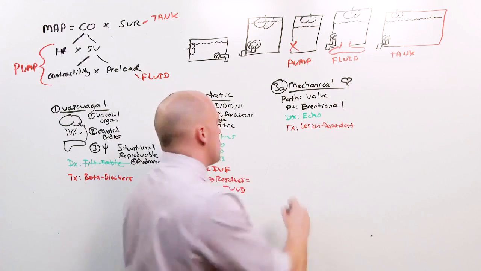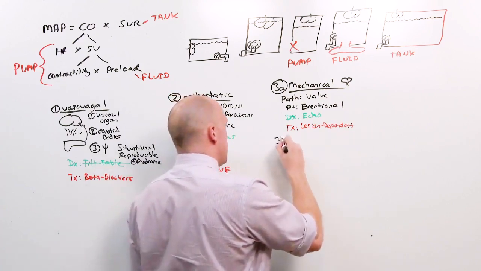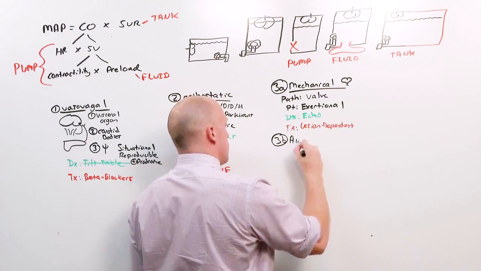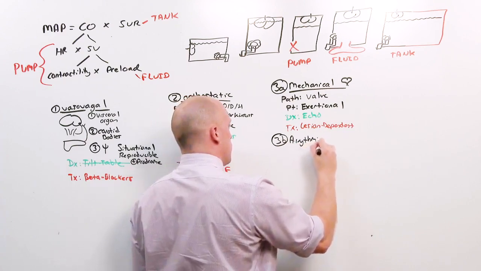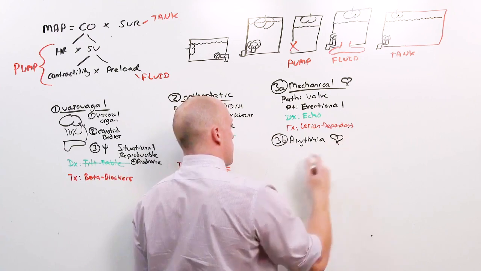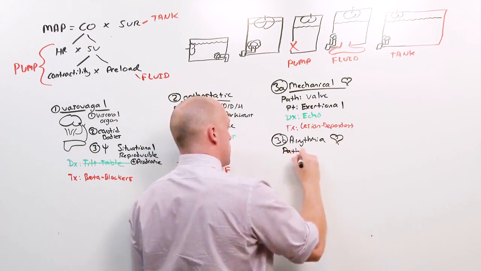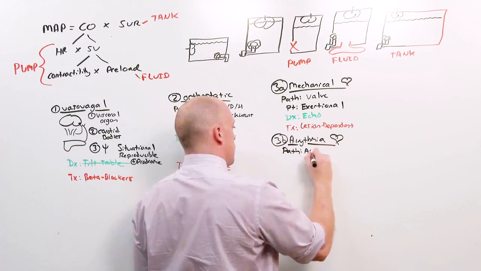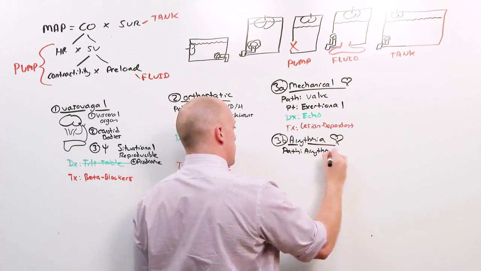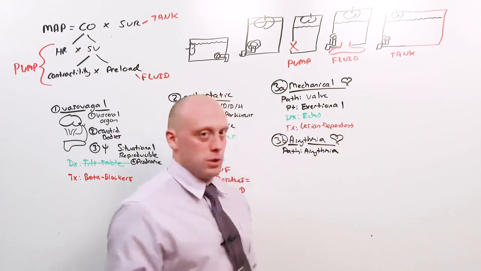The other one, 3B, is going to also be the heart, but this is arrhythmia. The path, of course, is an arrhythmia. Fast rhythms, slow rhythms, anyone can do it.